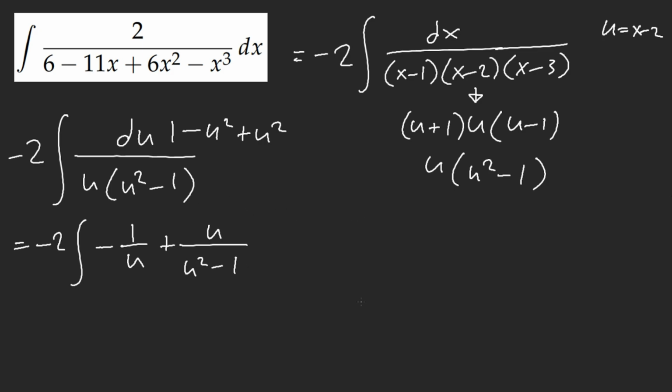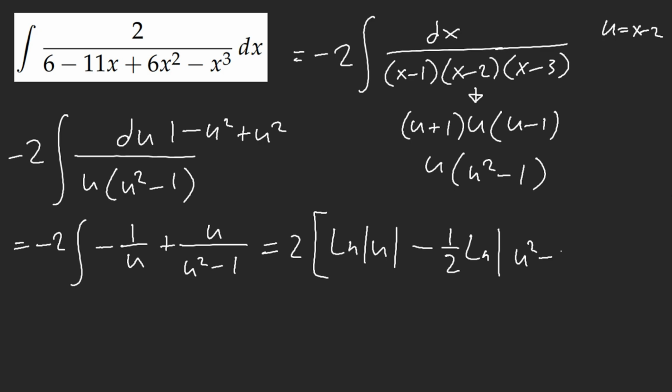I don't have to do partial fractions. Did you look at that? But you do have to be very careful though. So, it seems like we can have 2 times the ln of u minus a half of the ln of u squared minus 1. Okay?